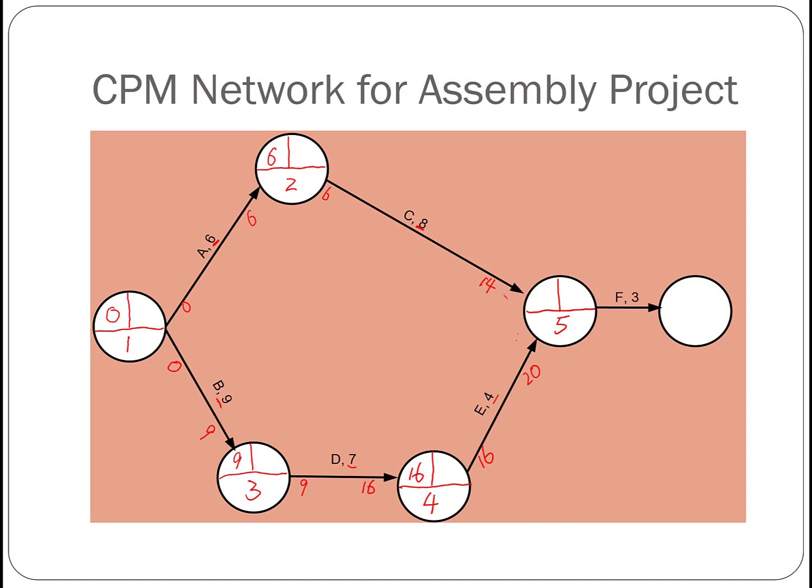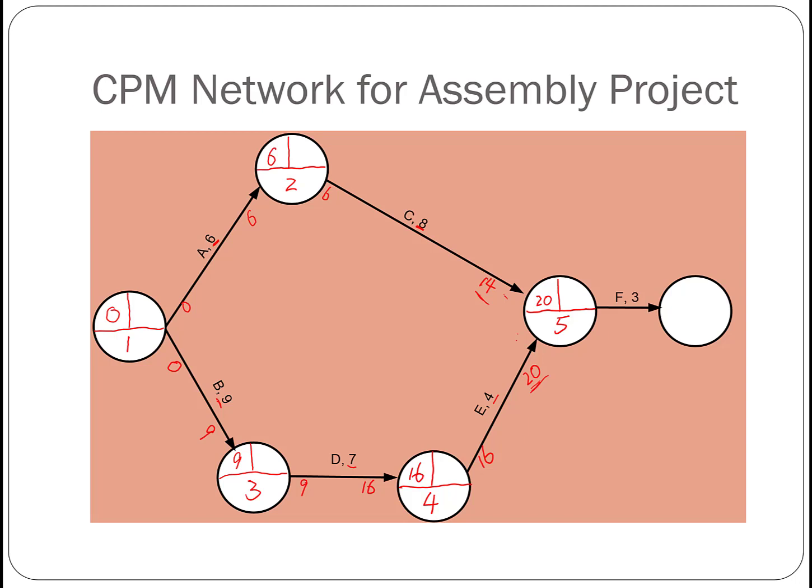Now, if we consider what this node represents, it represents the completion of both activity C and E. So if that's the definition of this event, then the earliest date of this event would be 20, which is the maximum among the 20 and the 14, because we can't claim that both activities are done if only C is done. We have to make sure both are done, so that is 20. We take the bigger value here.